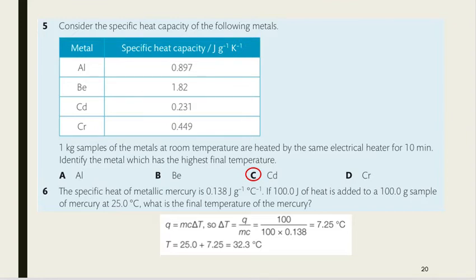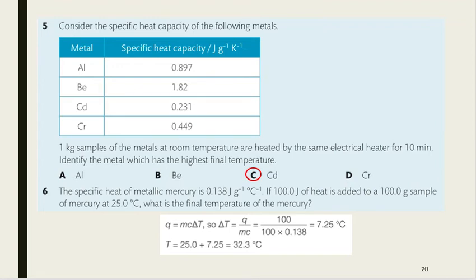So there are two ways we could go about solving this problem. I'll just go over the way that is listed here. If we know our Q equals mc delta T, we can solve for the change in temperature, delta T, because we know Q, m, and c. So we know that delta T is 7.25 degrees Celsius, and we get that after inputting what we already know.